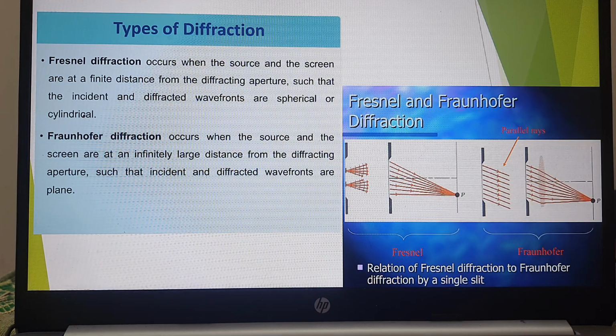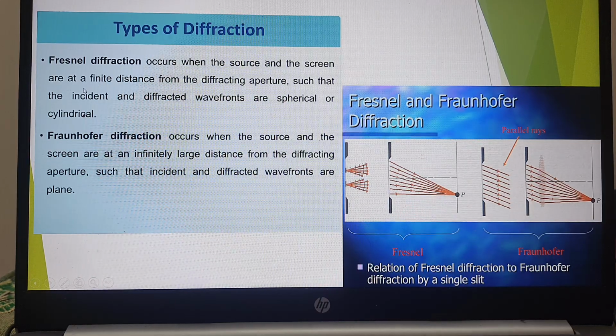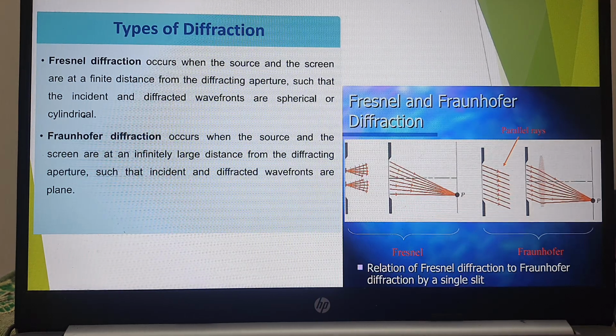Coming to the types of diffraction, we have two important types: Fresnel diffraction and Fraunhofer diffraction. Fresnel diffraction occurs when the source and the screen are at a finite distance from the diffraction aperture, such that the incident and diffracted wavefronts are spherical or cylindrical.